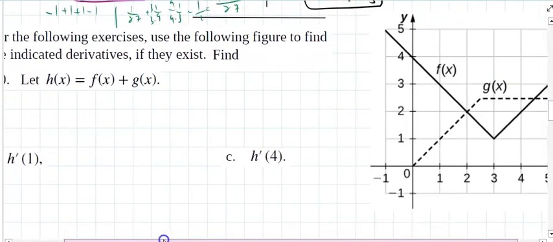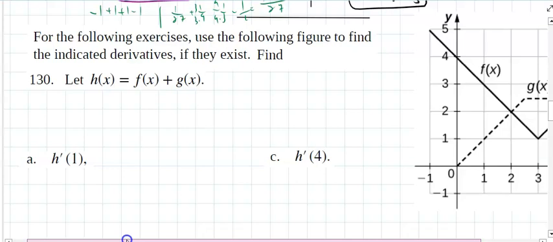Next problem. Suppose I'm looking at the following figure. Now let me just change the view so you can see the whole thing really quick.